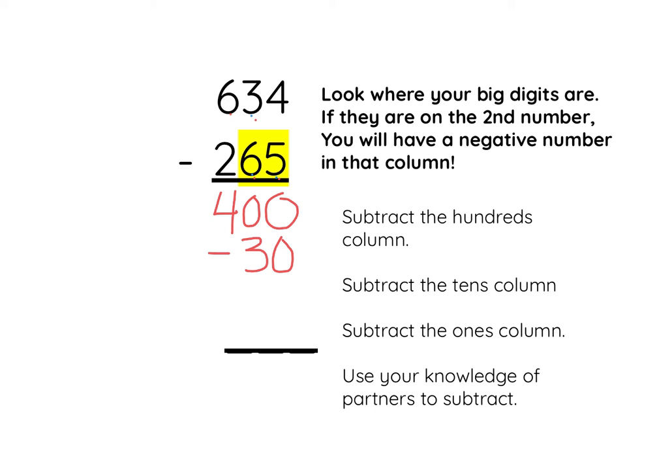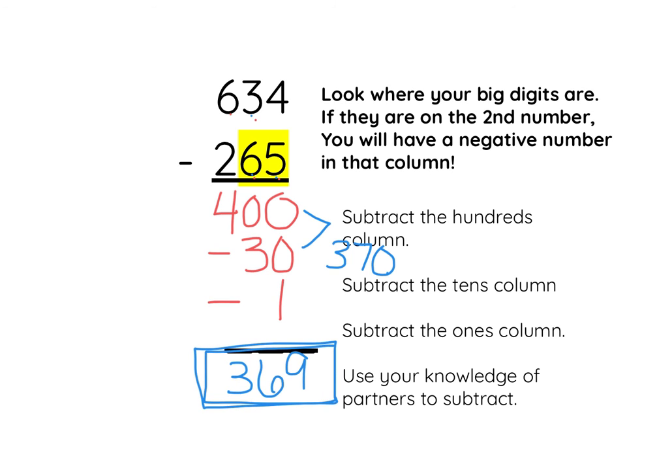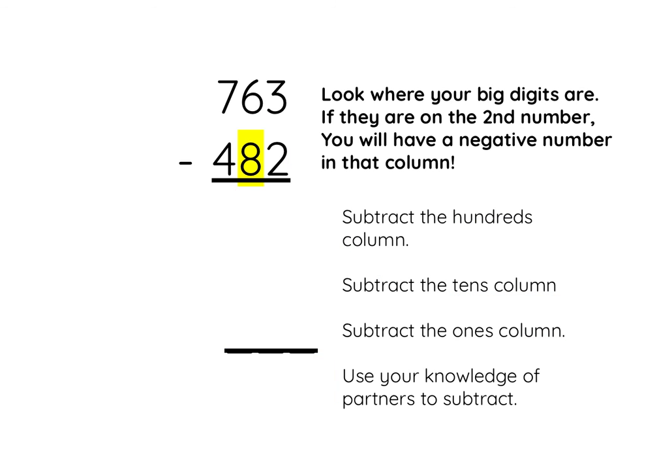And 4 subtract 5 equals negative 1. Using your partners, 400 minus 30 equals 370. 370 minus 1 equals 369. Notice the top number is the value of my hundreds column, my tens column, and my ones column. You just do each column separately.